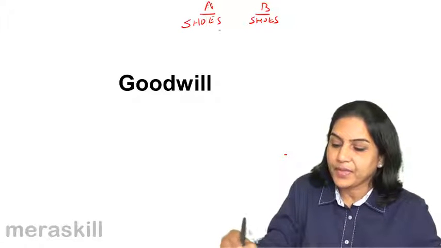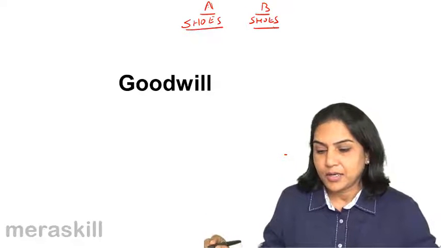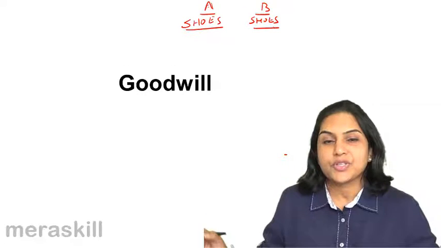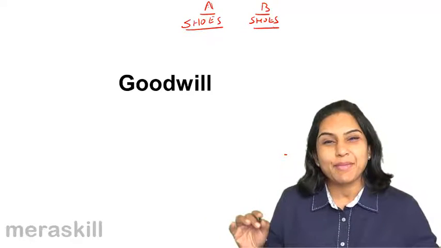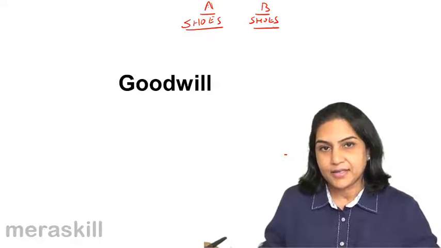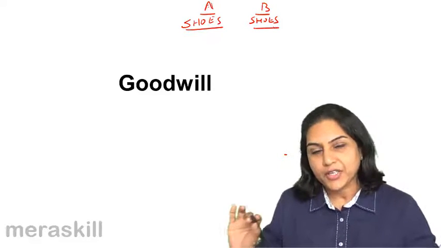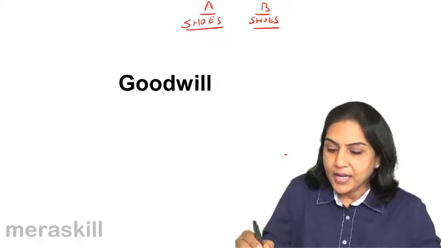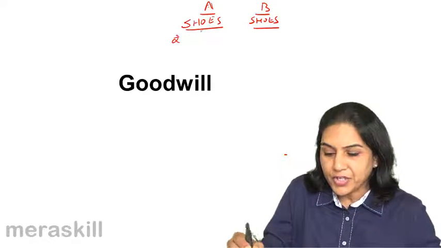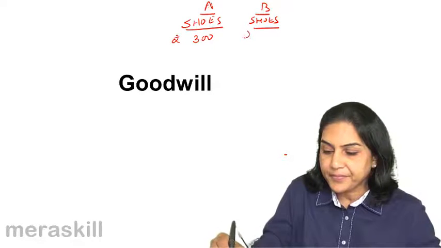They both use the same kind of machinery, the same kind of material, and therefore their cost of manufacturing is the same. So let us say their cost of manufacturing of each shoe comes to rupees 300.